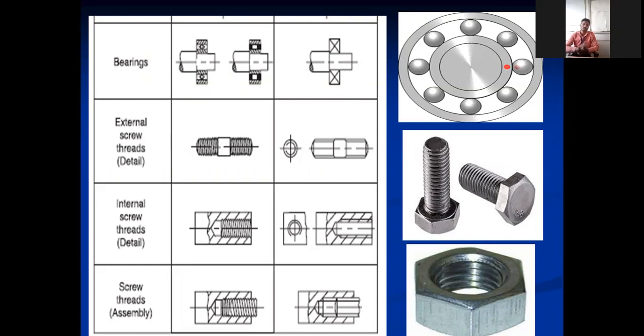What about the symbol? There are two circles. The symbols are most important again. If there is an external thread, the external circle will be complete. Are you remembering? Whenever there are external threads, the external circle is complete. Remember this sentence throughout your life.